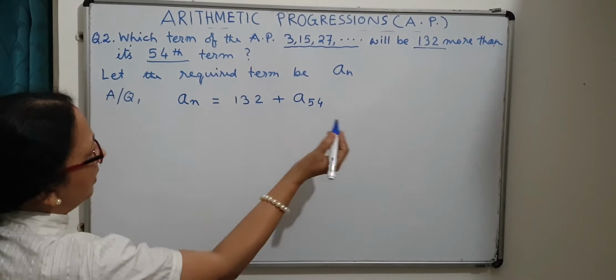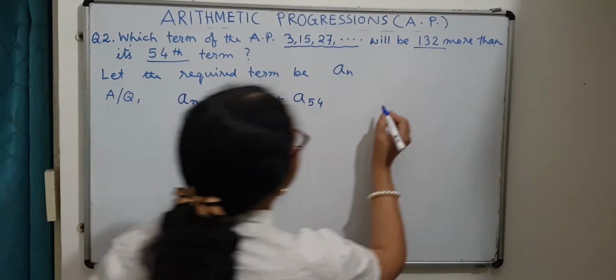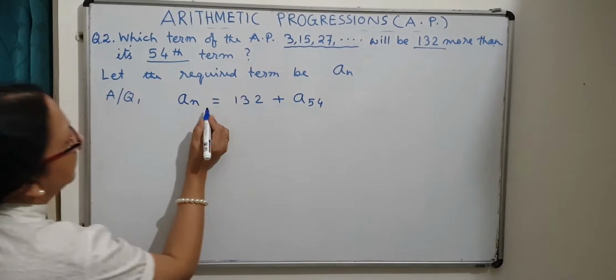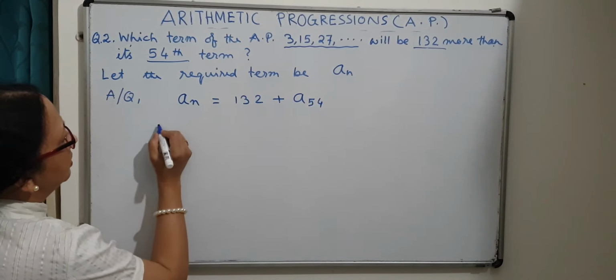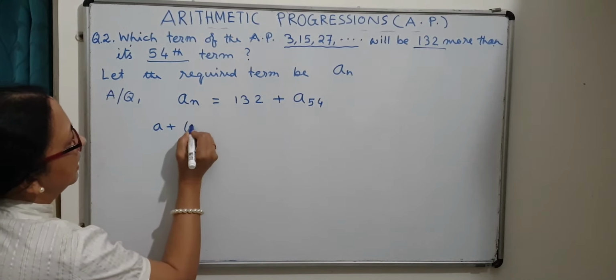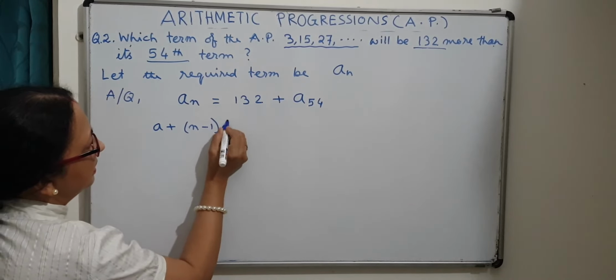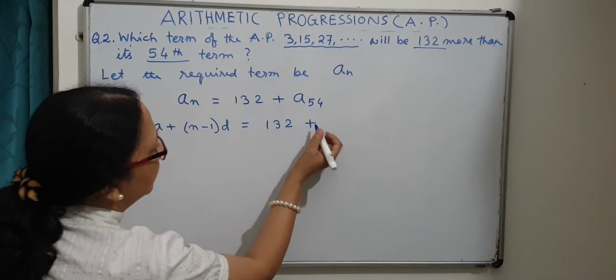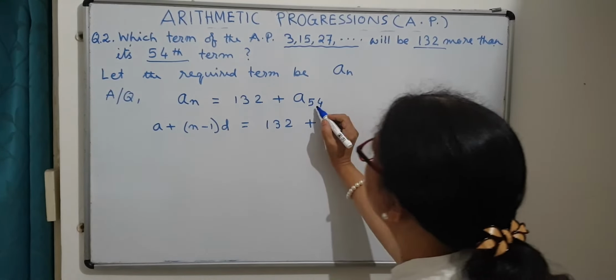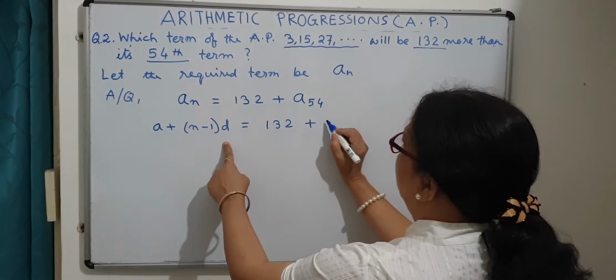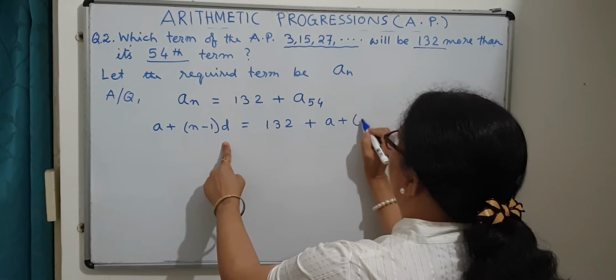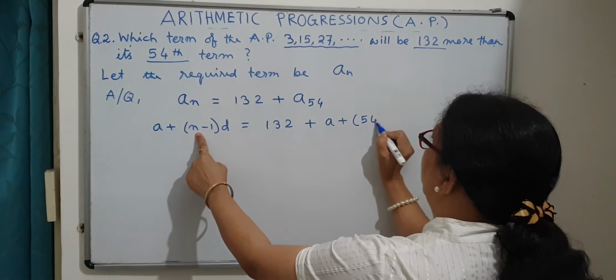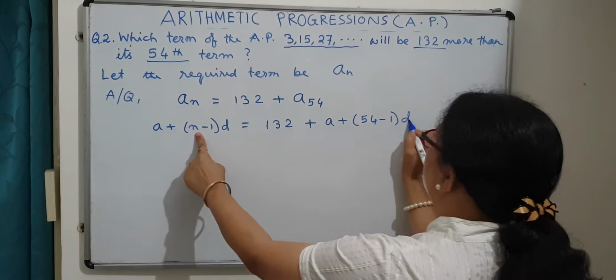Now we will be using the formula. What is the formula for an? An is a plus n minus 1 into d. So that will be 132 plus, now here n is 54, so using the same formula, a plus 54 minus 1 into d.